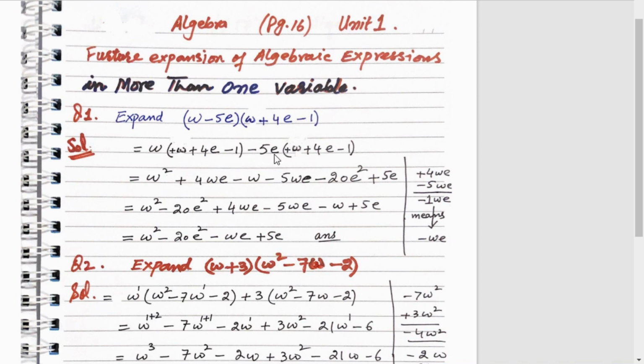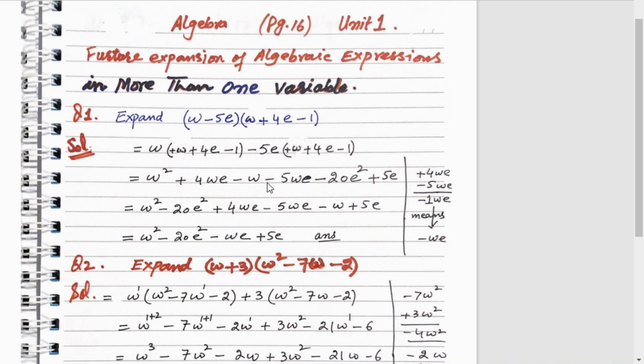When you multiply 5e with the internal terms, get ready to change all the signs. So minus into plus. Bracket means into. Into means multiplication. Bracket always asks us to multiply the outer term or sign with the inner term or sign.